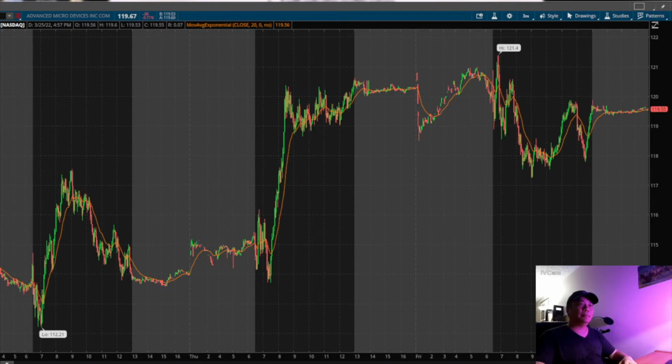Okay, here's my computer screen, as you can see, and I'll be using AMD as the ticker to demonstrate the 84% rule.